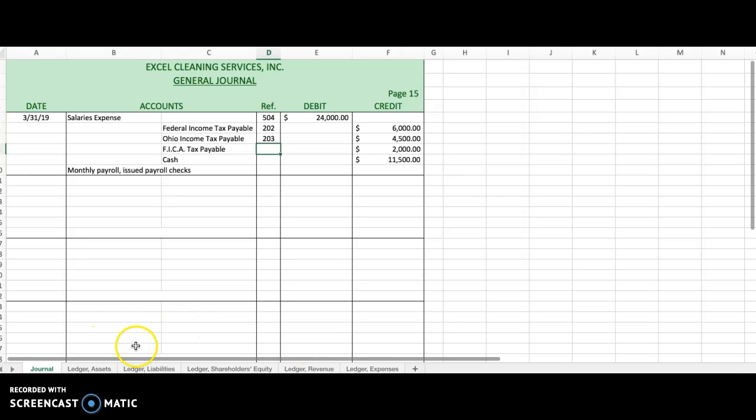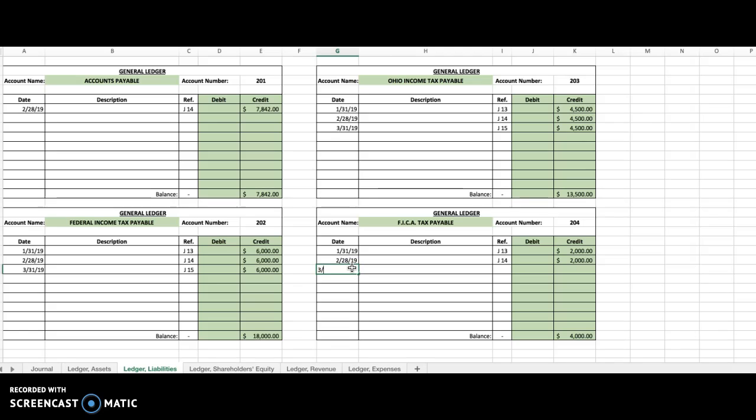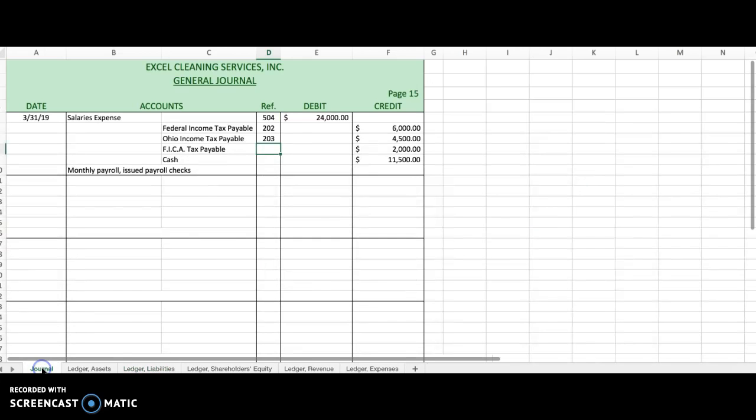And finally, the FICA tax payable. Same procedure. Posting is no different than it was before. $2,000, and the account number 204, back to the journal.